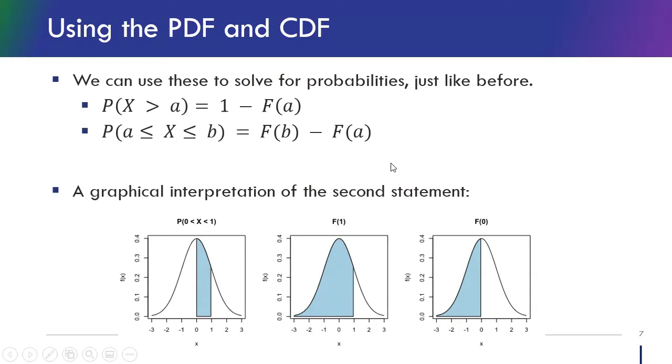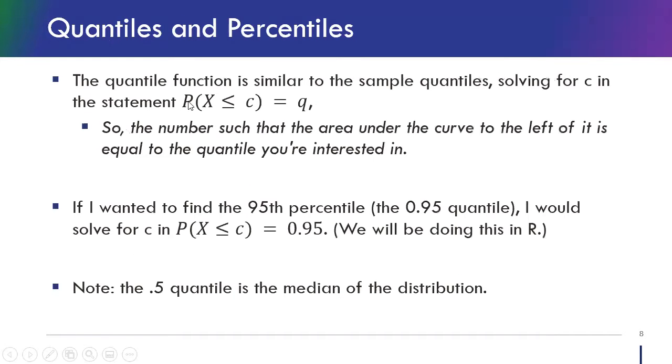So these two things are important. You will use this again and again. Some more terms here. The quantile function is somewhat similar to the sample quantiles when we're solving for this c in this probability of x less or equal to c equal to this q.